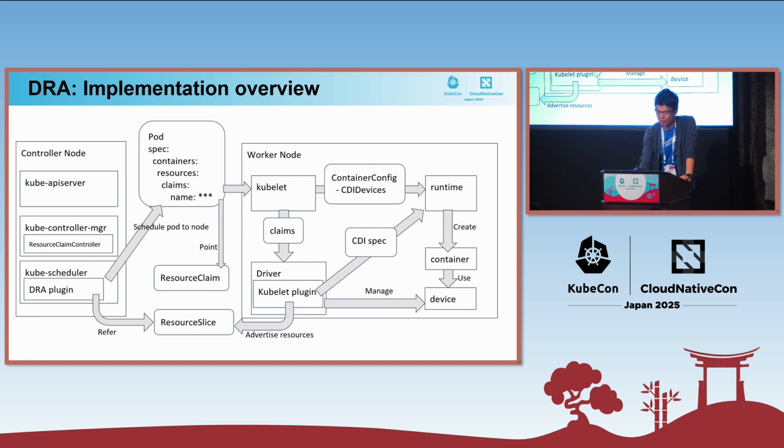When the runtime creates the container, it configures the container as described in this spec for device allocation. That's the overview of the DRA implementation. If you are interested, you can try this feature with a sample driver without any specific devices.